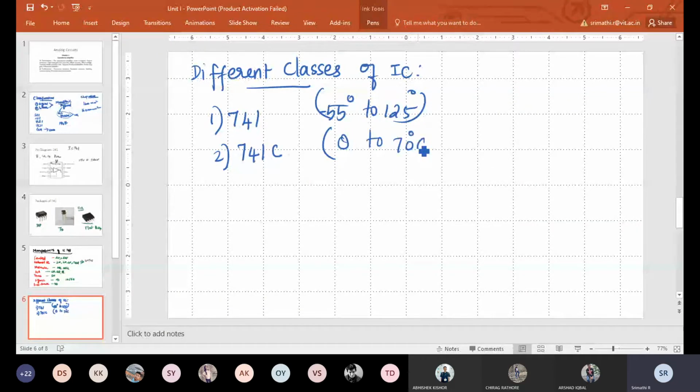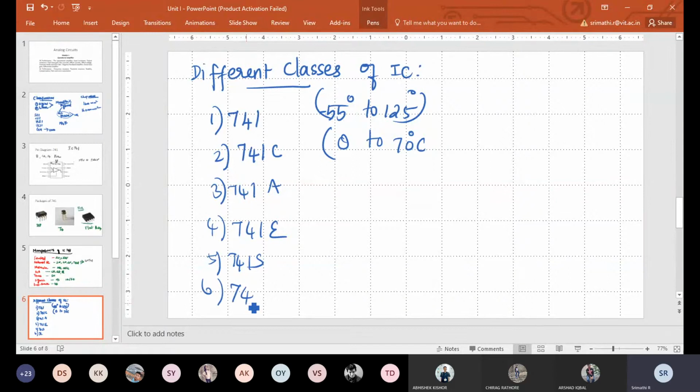The next one is 741A, the fourth one is 741E, the fifth is 741S, and the sixth is 741SC. 741A and 741E are improved versions of the military grade 741, with better electrical specifications. 741S is a military grade op-amp again, with the highest slew rate.